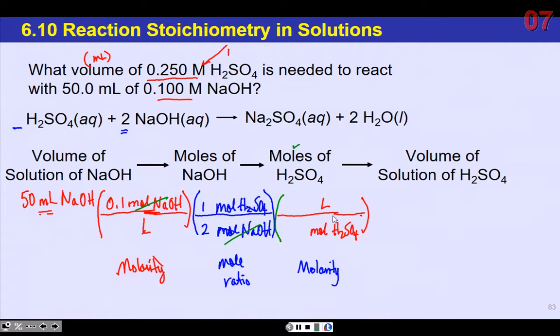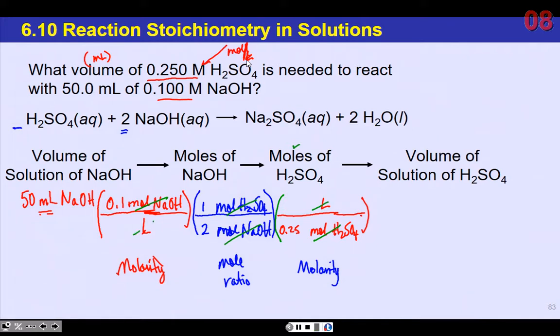That's what molarity means. Remember that molarity is always moles per liter, and we're going to use it that way to make sure it cancels. And so how many? It's 0.25 moles per liter of sulfuric acid. Having done that, if we're paying attention to our units, moles of sulfuric acid is canceled, but guess what else? Now liters is going to cancel.